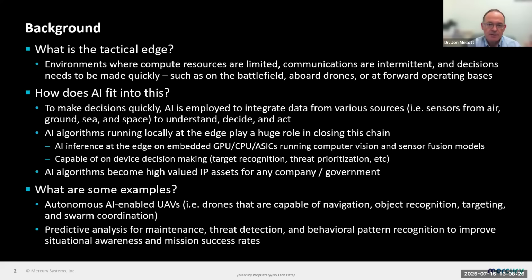I'm a chief engineer for secure processing at Mercury Systems. I think Tony did a great example of saying why this is a problem. And this is not just a defense problem. This exists in the commercial space too, with the same kind of considerations.